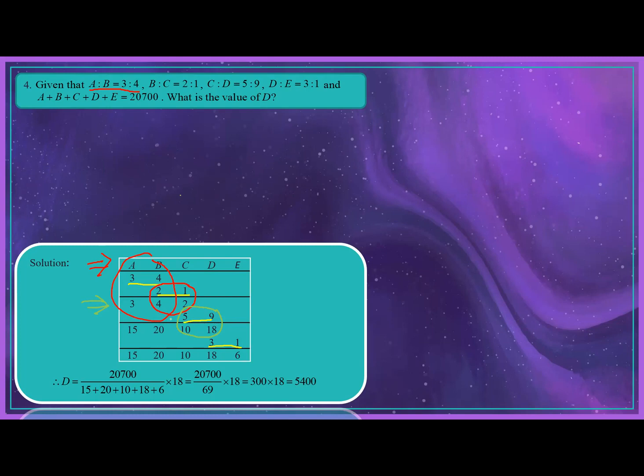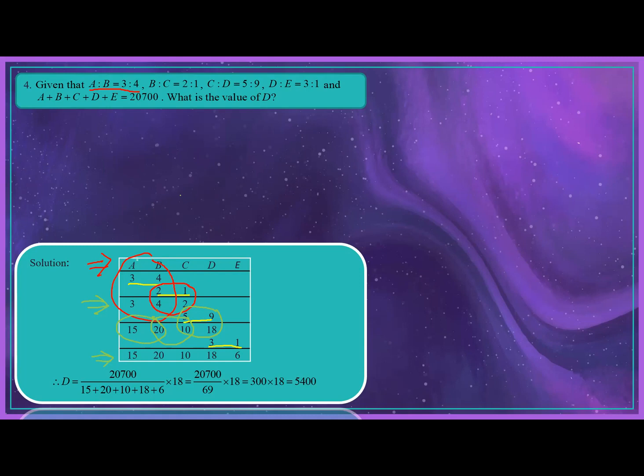Okay, so here you have 10 is to 18, right? So basically that's 5 is to 9. But you should also adjust A and B. So for that, you have B is to C equivalent to 2 is to 1, right? So that's 20 is to 10. And for A is to B, you have 15 and 20. Okay. And you'll do the same last part.